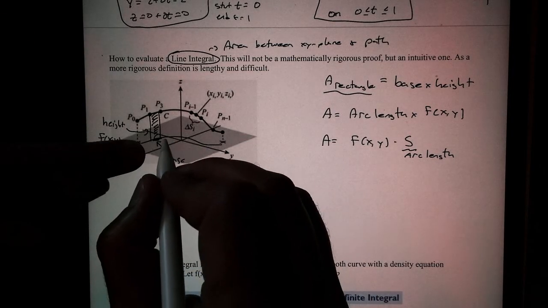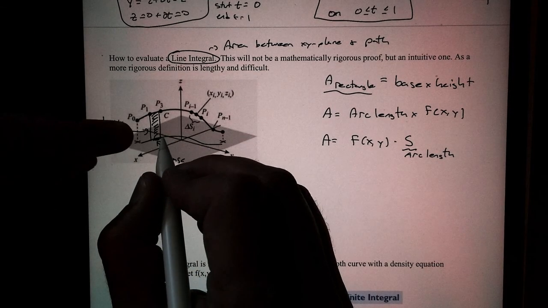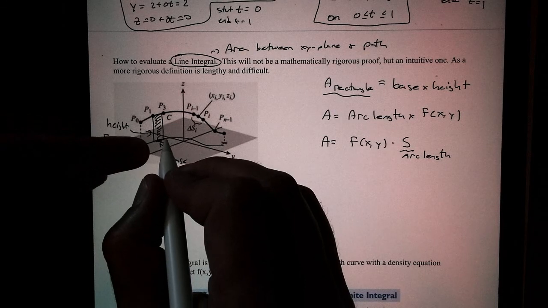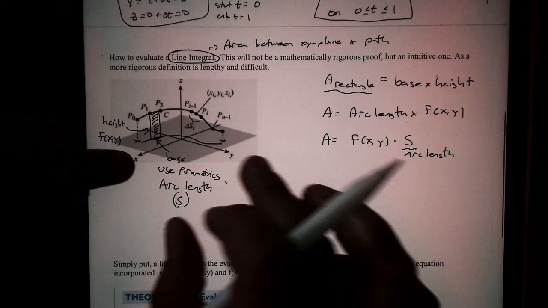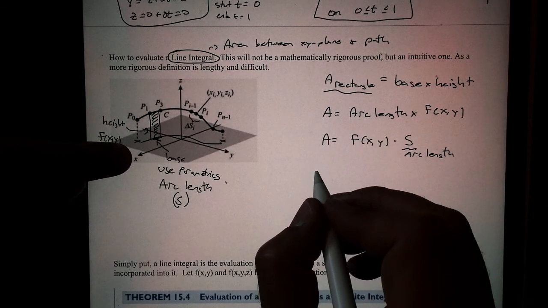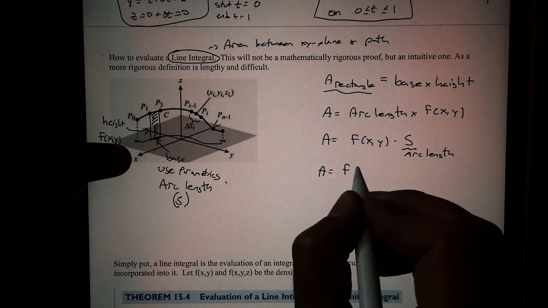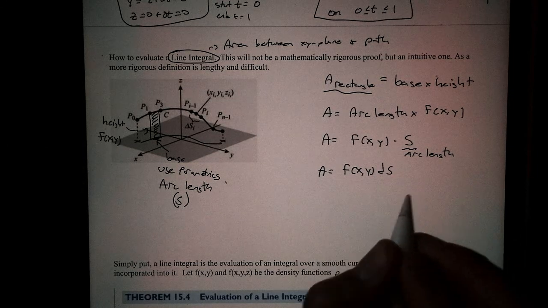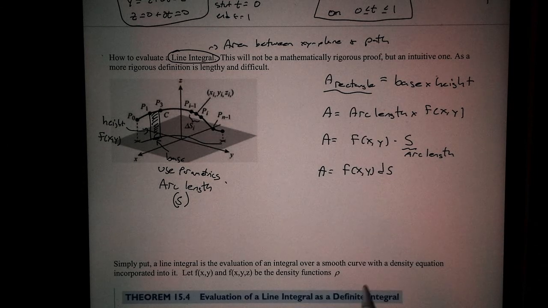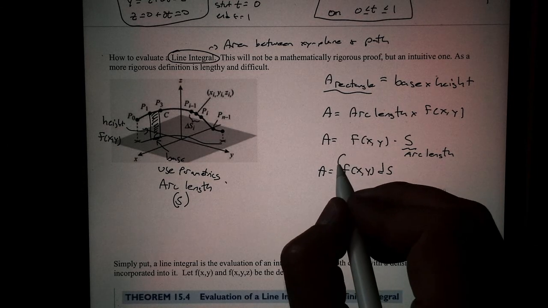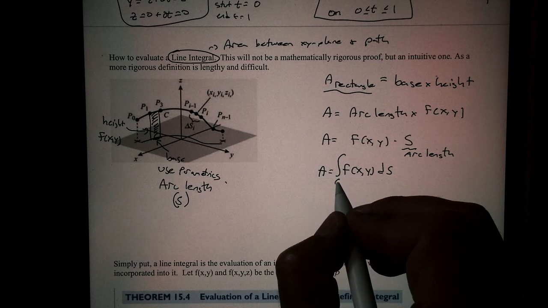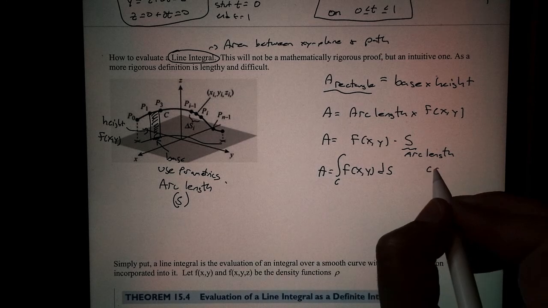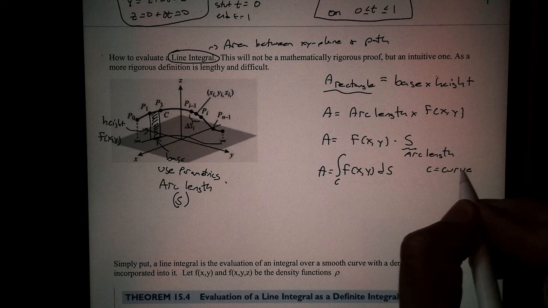Now, just like in everything in calculus, if I want to get more accurate, I let this arc length get really, really small, so it becomes ds. So we would get f of x, y ds, a very tiny little sliver of that arc length. And we would integrate that over our curve, where C is the curve. It's the domain of our curve right there.